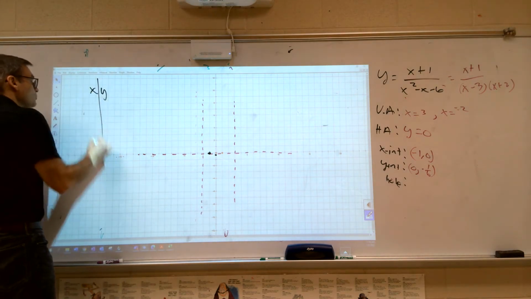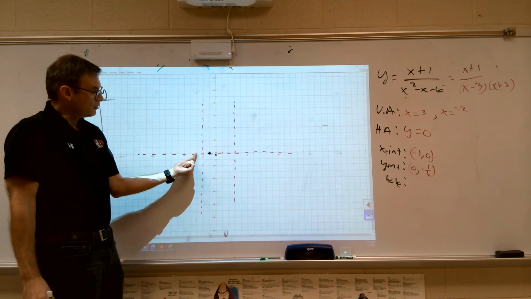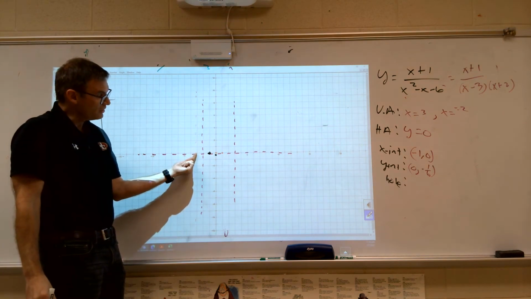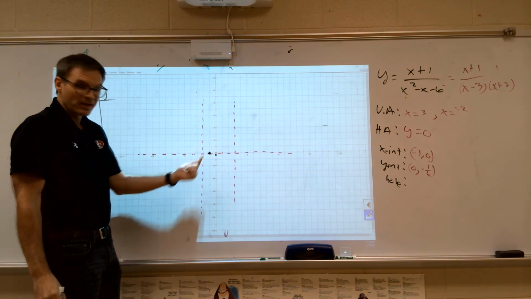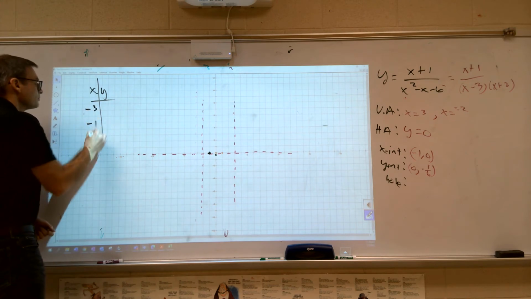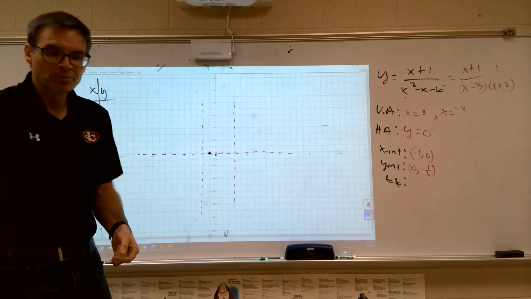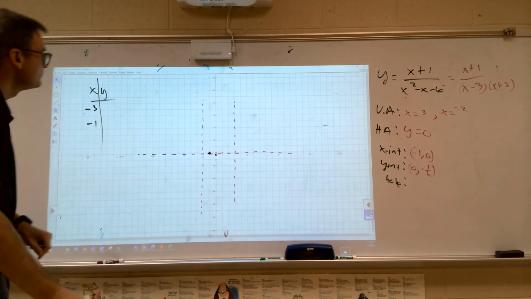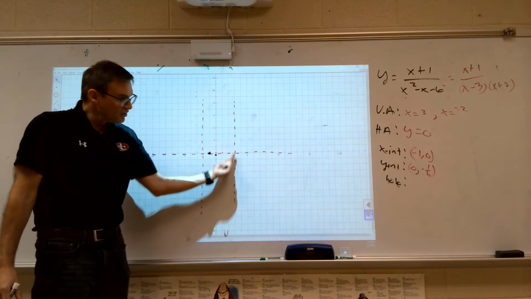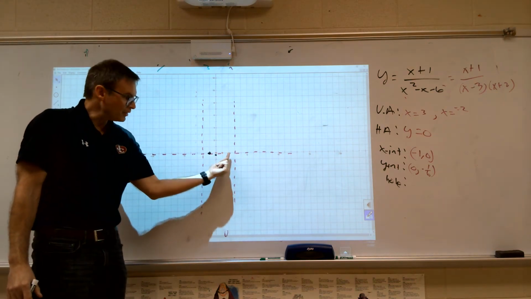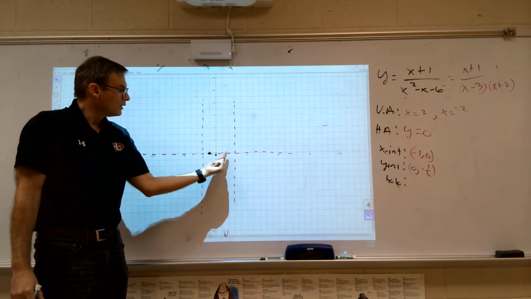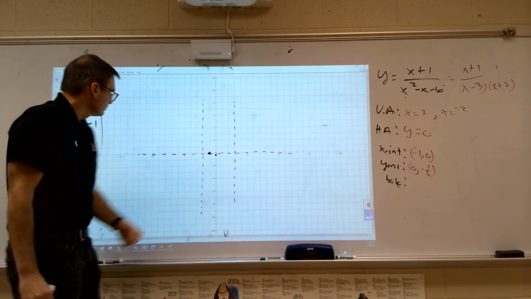So I'll make up an XY chart, and I'm going to plug in negative 3 and negative 1. We already know what happens when we plug in negative 1, but that's okay. And then at this vertical asymptote, I've got to figure out what's happening on either side of that. So it looks like a 2 and a 4.